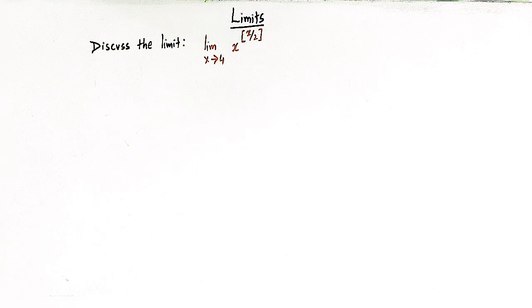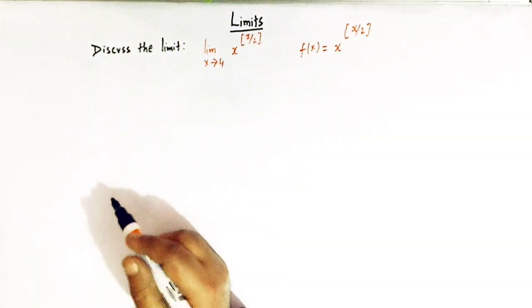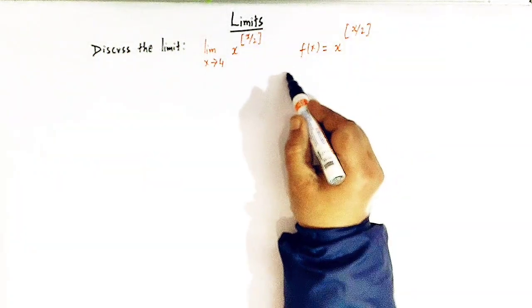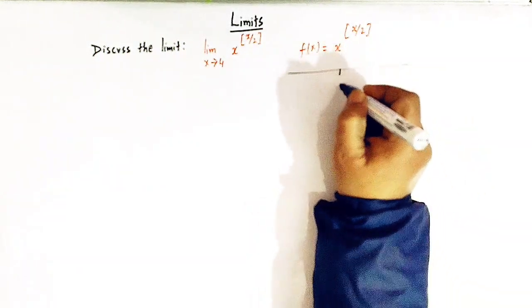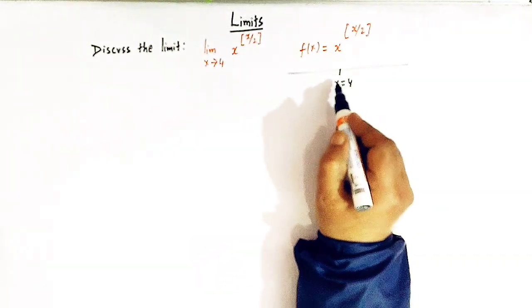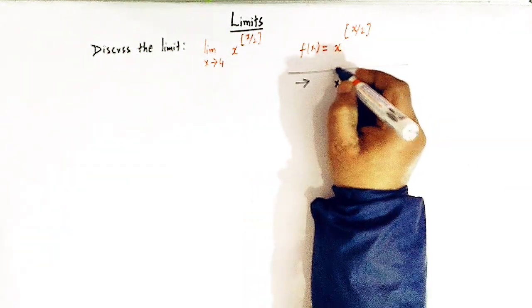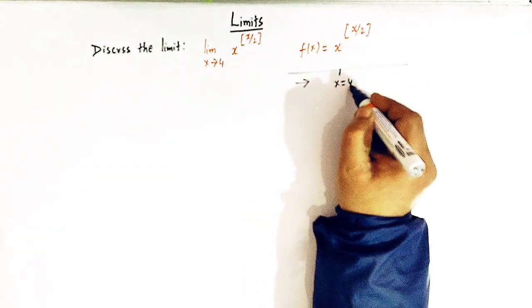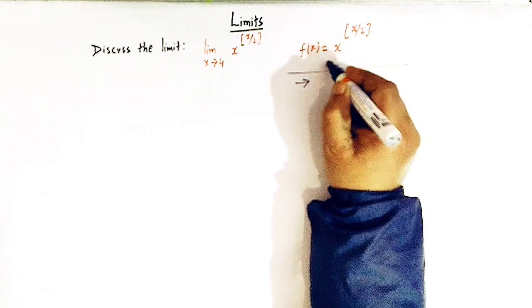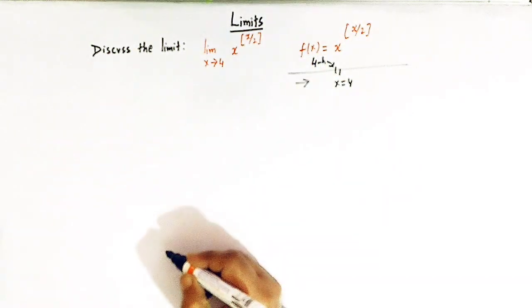So let us start. So let us first find out the left hand limit of this function when x approaches to 4, right? So here we have x is equal to 4, and when we approach from the left of x is equal to 4, then we have a point in the left neighborhood of x is equal to 4, such that this point may be taken as 4 minus h, right?